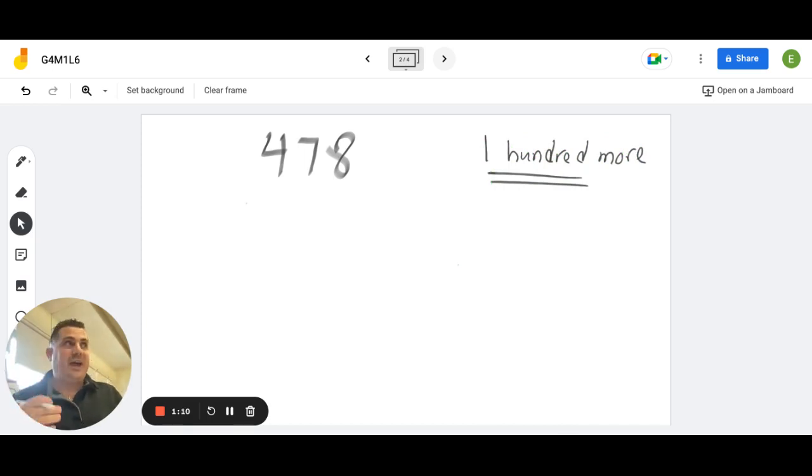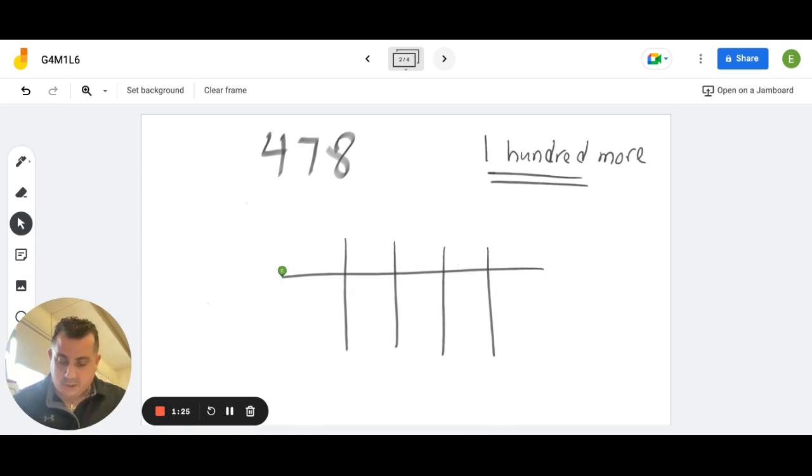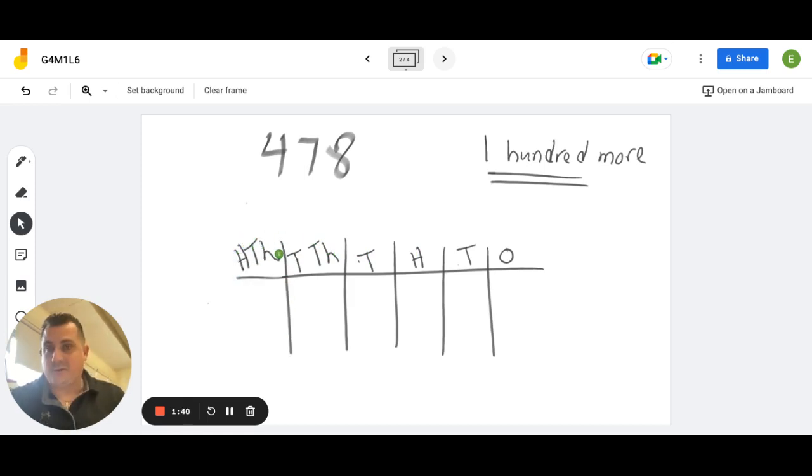What you always have to do is set up your place value chart. If you don't have one with you, because you feel like you're pretty comfortable with your place value chart, then you could just set it up. And this should take 2 seconds. Exactly what I do here. Ones, tens, hundreds, thousands, and you can go 10,000s and 100,000s.